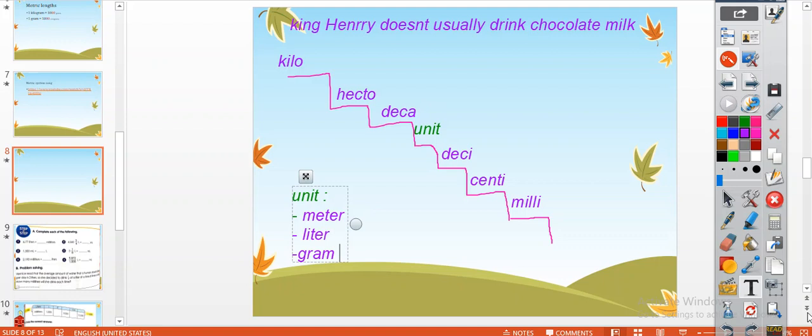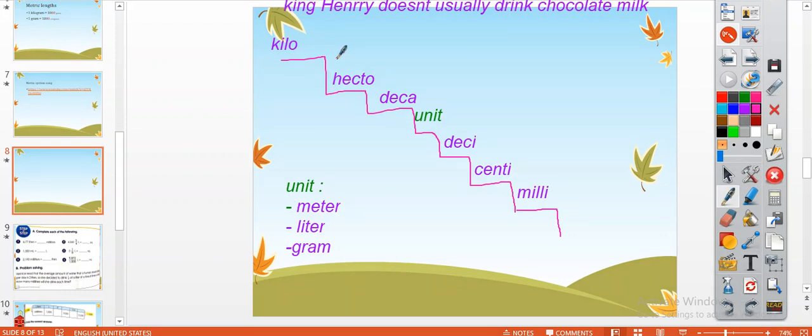In our lesson today, we're going to cover the liter. So when I say that the unit is liter today, it will be about kiloliter, hectoliter, decaliter, deciliter, centiliter, and milliliter.